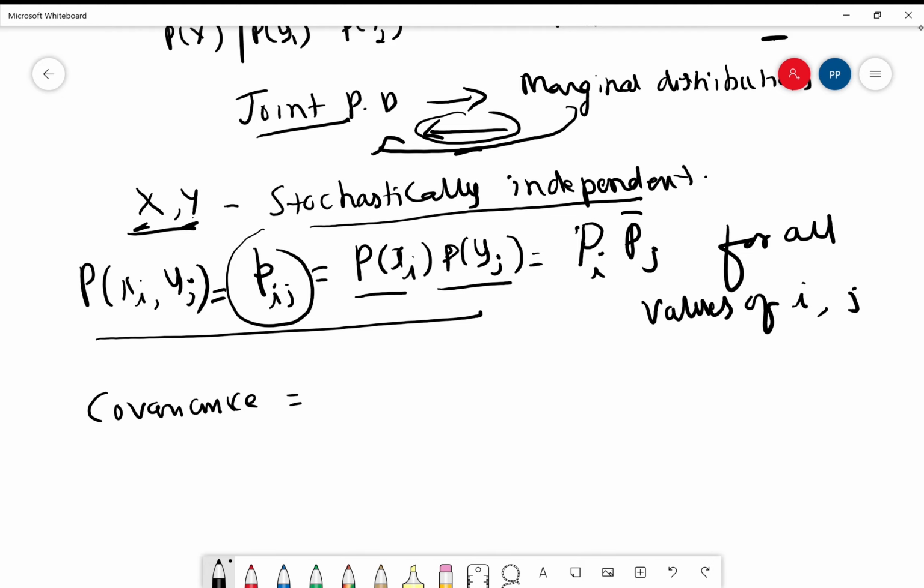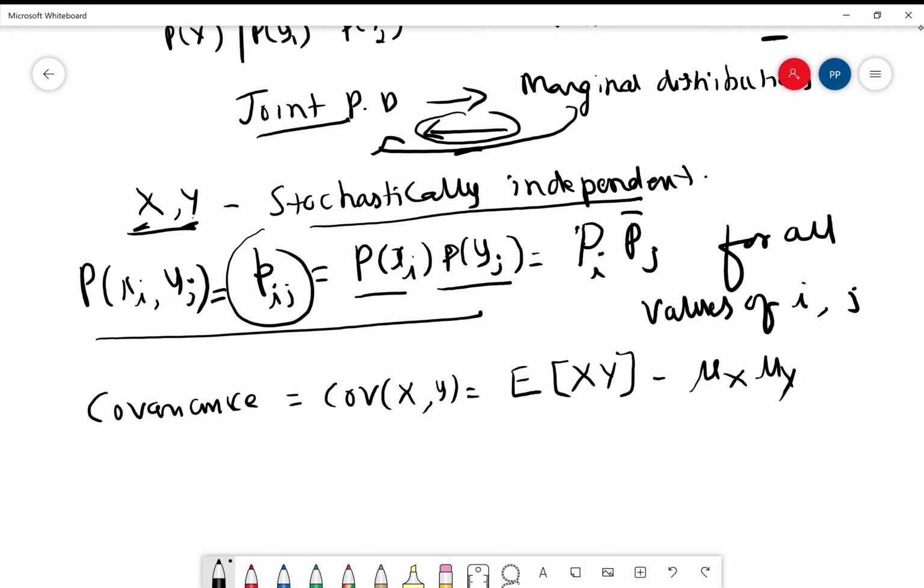It is denoted by COV of x comma y, and we can show that it equals expectation of xy minus mu x into mu y.